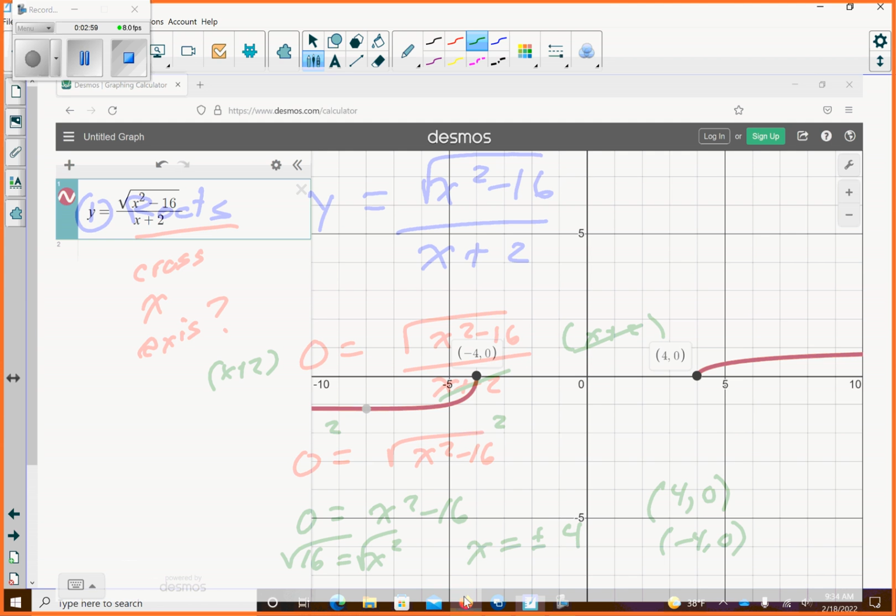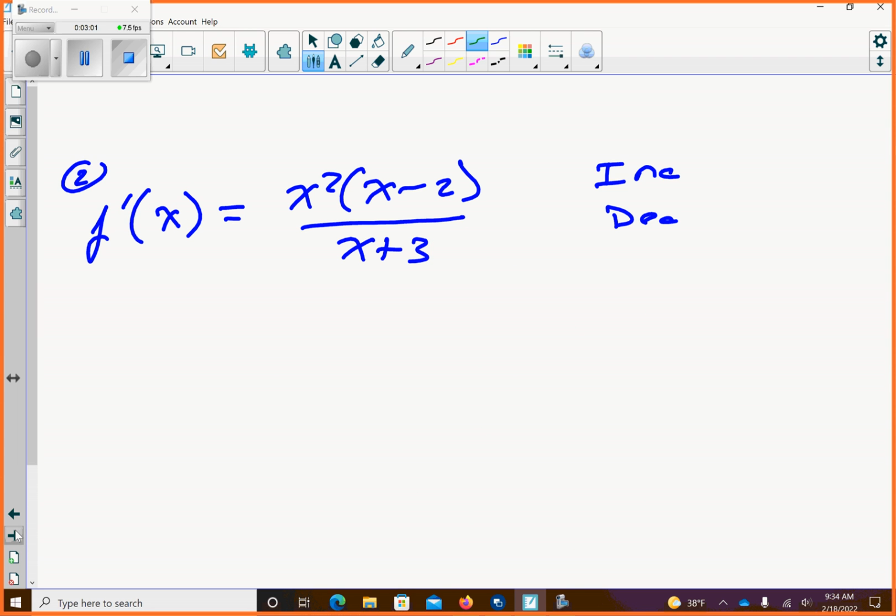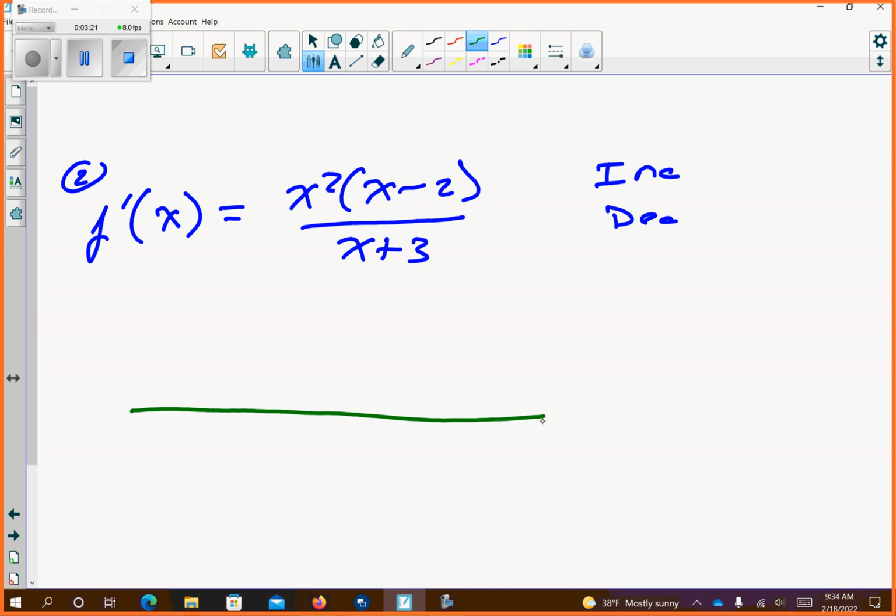The second problem, which I have here, says this is our f prime. So we already have our derivative. Agree? So this is our derivative graph, or derivative equation. I'm going to go ahead and make ourselves a sign line.